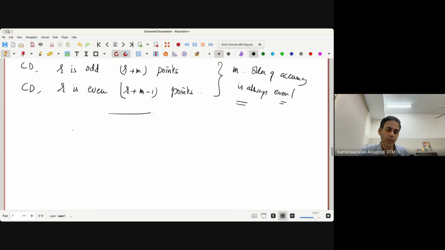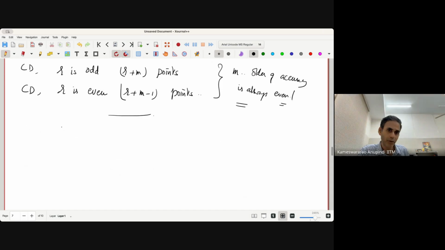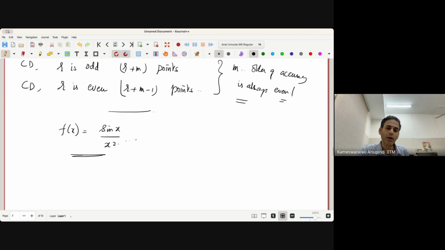Now, one thing to note here is, let us say I am given some function, say sine x by x cube or something. For this function, I can calculate the derivative, df by dx, at a particular x value.